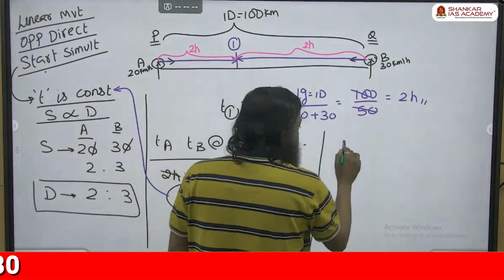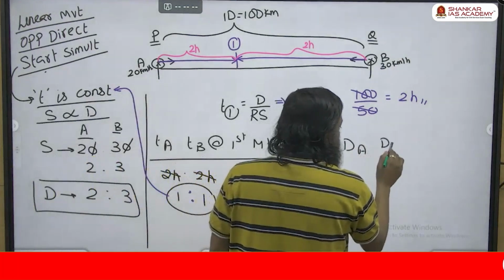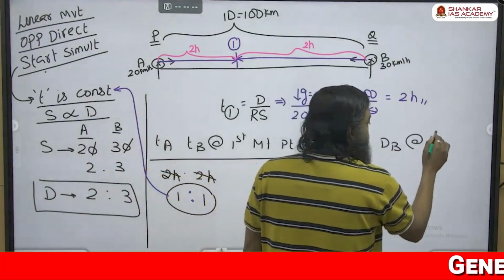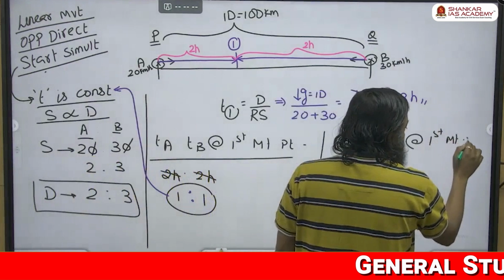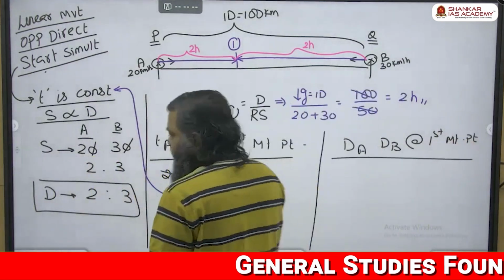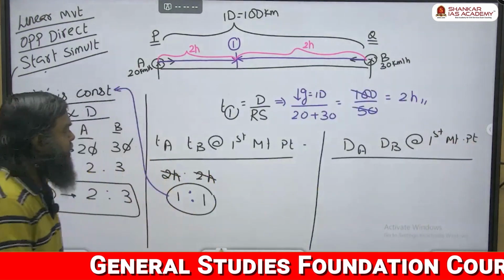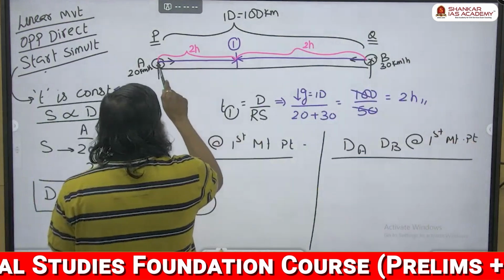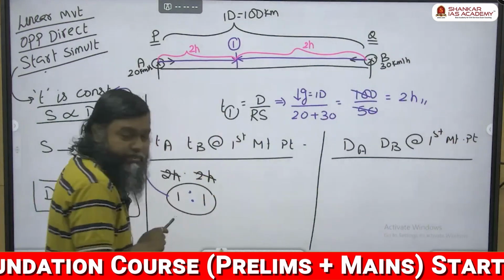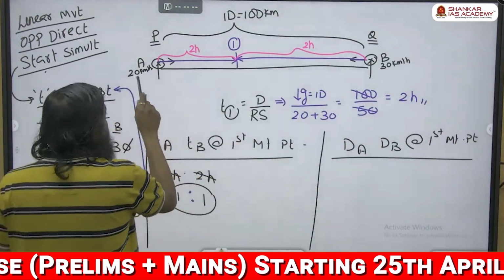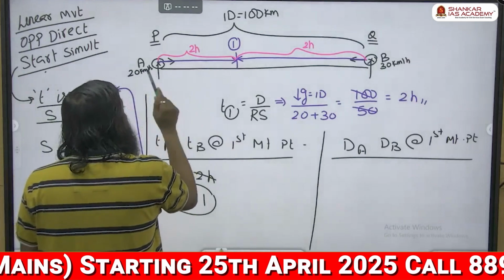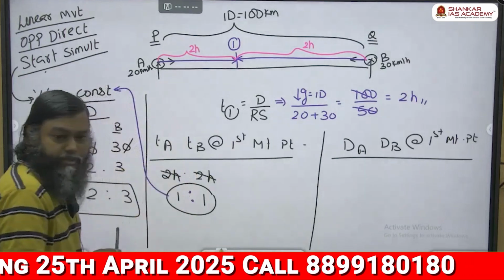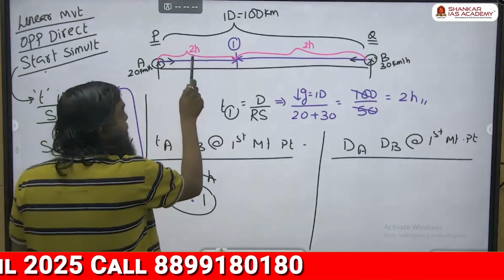What is the ratio of the distance traveled by A and B at the time of the first meeting point? Are you ready? What is the distance traveled by A to reach the first meeting place? What is the speed of A? Read it like this: 1 hour, 20 kilometers. What is the journey time for A to reach the meeting place?